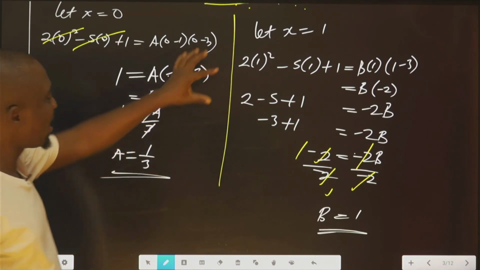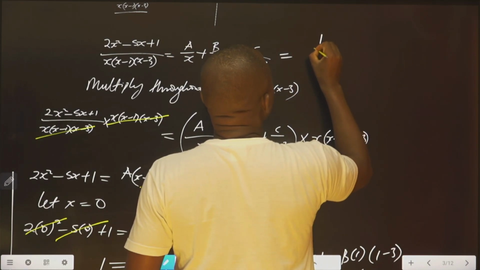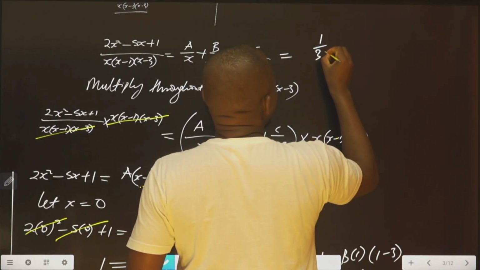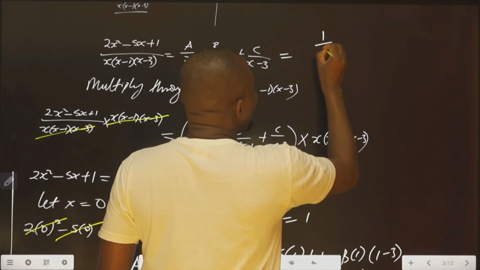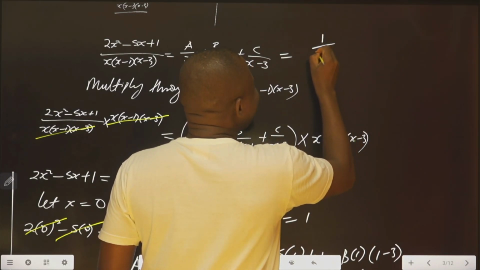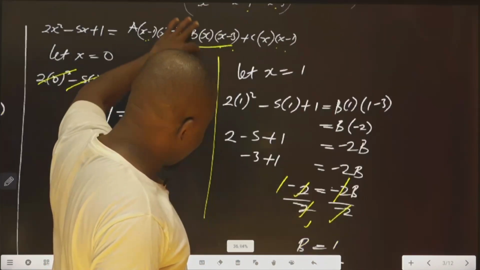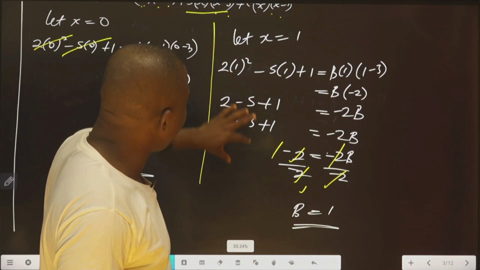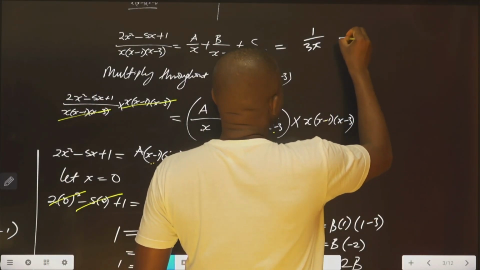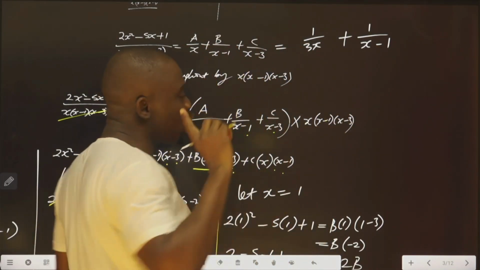So we come here now to say, in place of a, we put 1 over 3 times x, which you can write as 1 over 3x. Okay? What about b? b is just 1. So simply do plus 1 over s minus 1, because b is just 1.